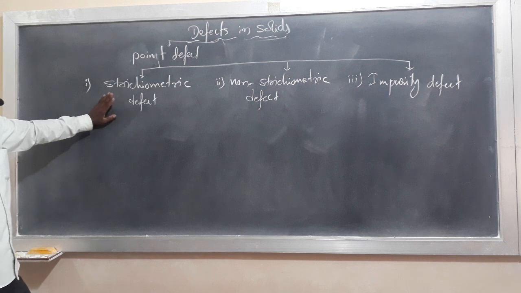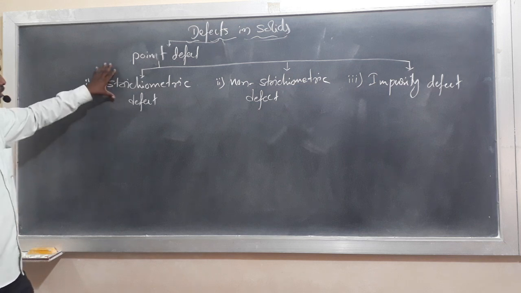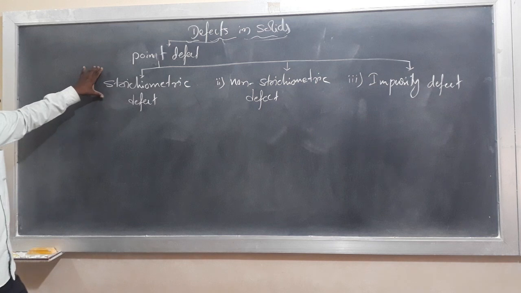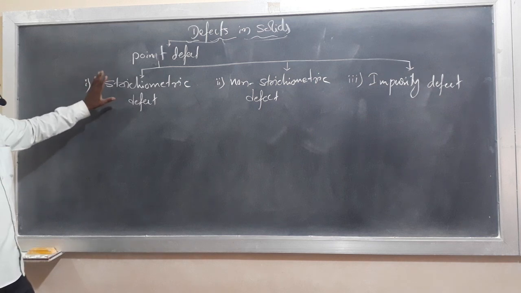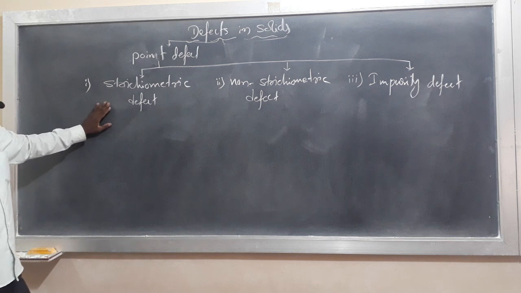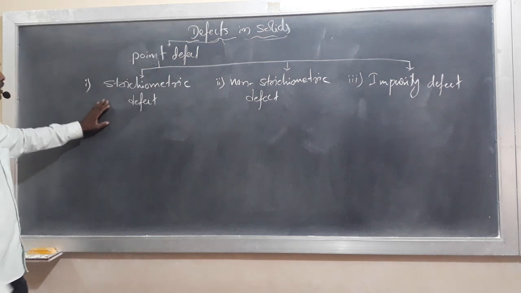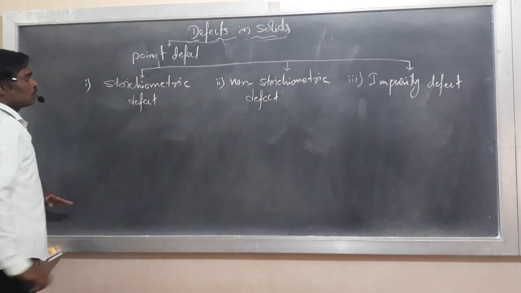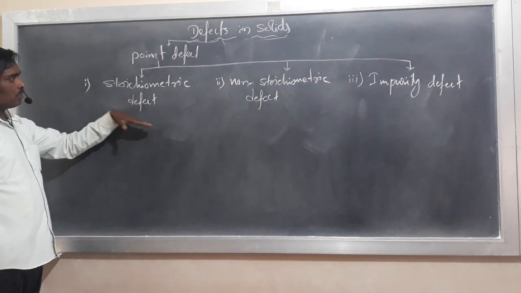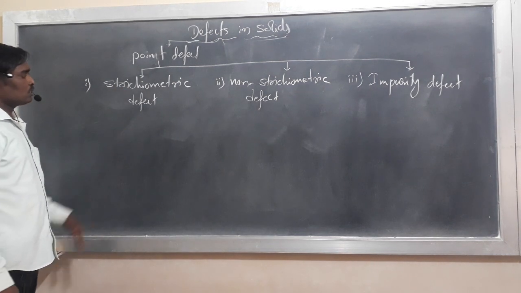First, let me define these types of point defects. Stoichiometric defects are the type of defects where the stoichiometric ratio of the constituent particles is disturbed, so it does not remain the same.